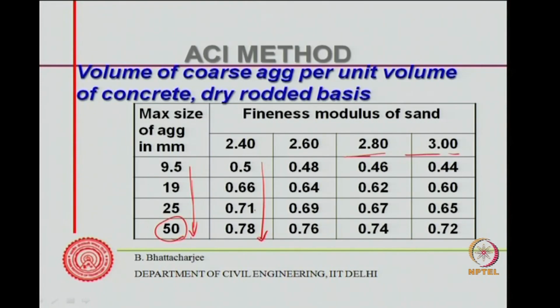The sand content is related to the fineness modulus of the sand. As the fineness modulus increases, the coarse aggregate volume proportion reduces, because this has something to do with the overall grading or overall packing of the system.